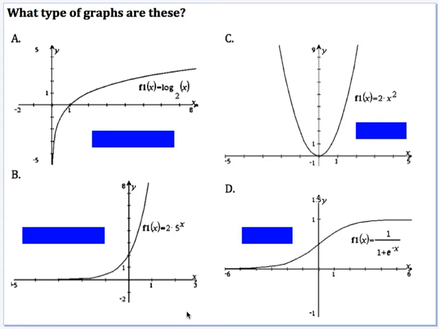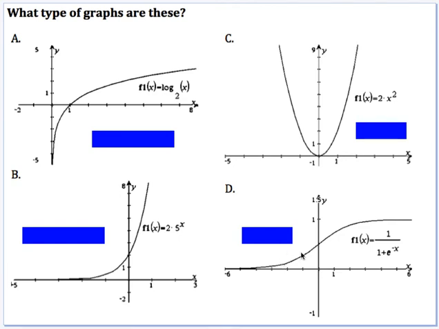Those are the 4 types of functions we've been working with so far. You're also going to have the equations on the test, so that's one way you can tell what type of function you have.